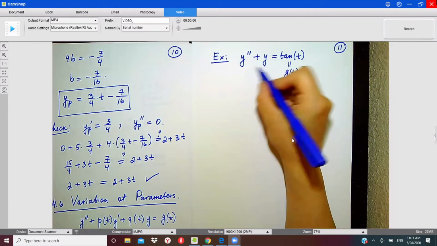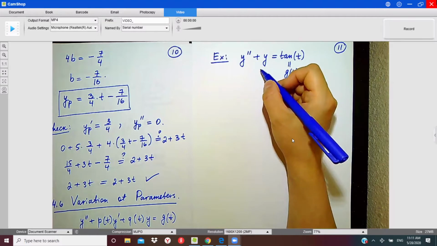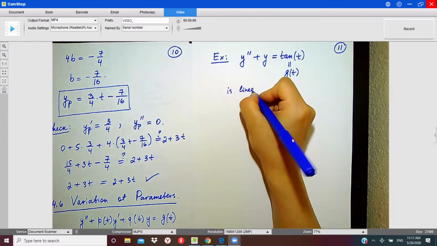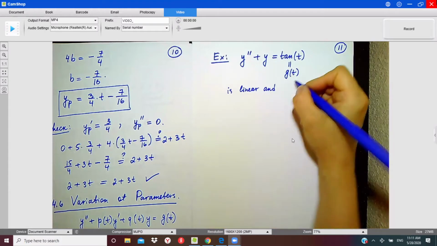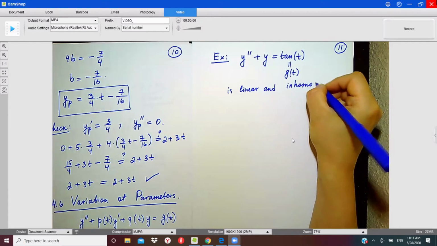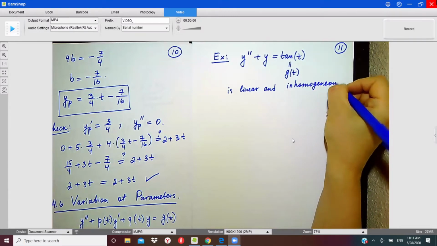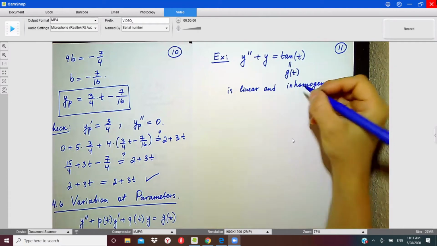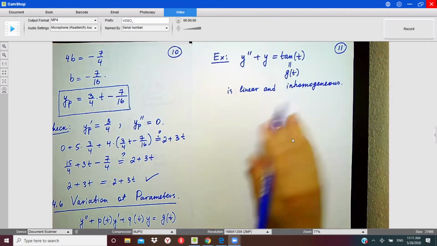So this is still linear in terms of y. So this is linear and inhomogeneous, right? Some books call it non-homogeneous, so it doesn't matter. It's still the same meaning.